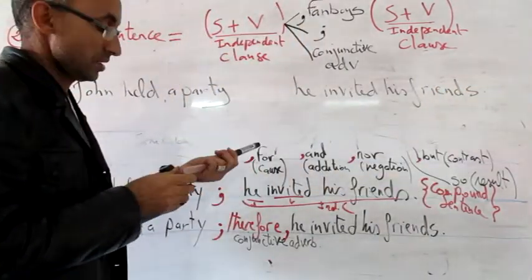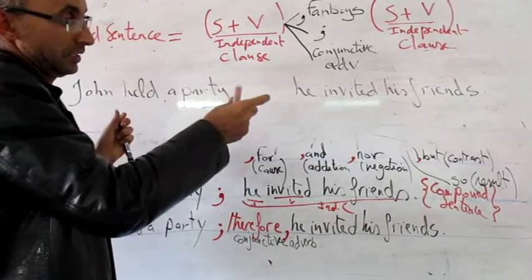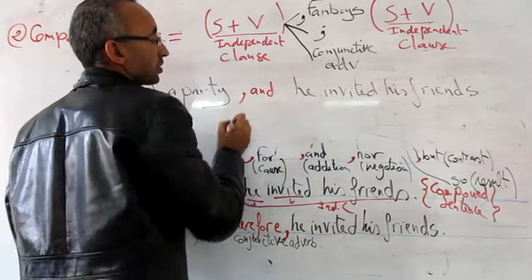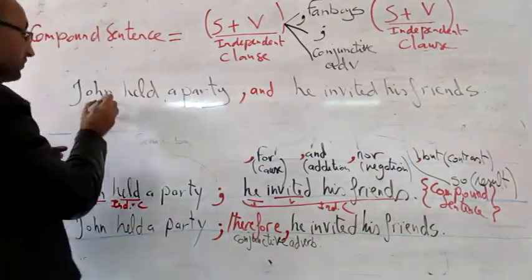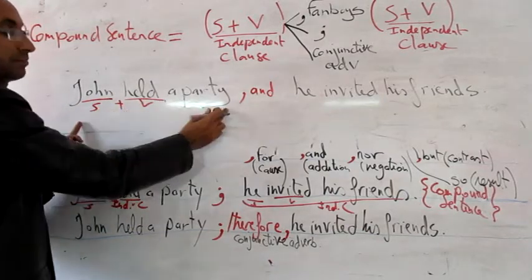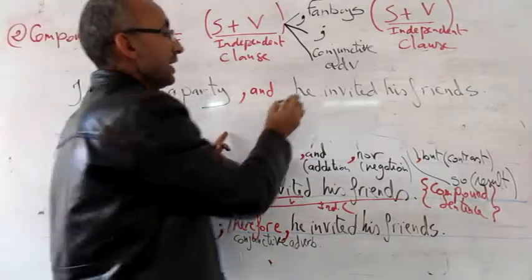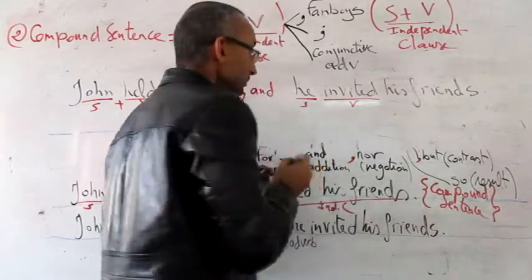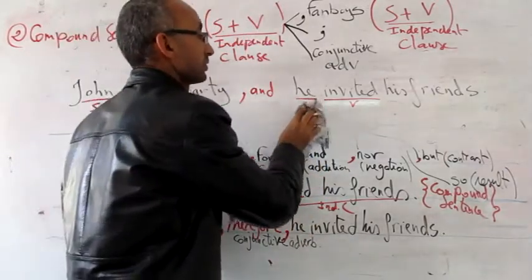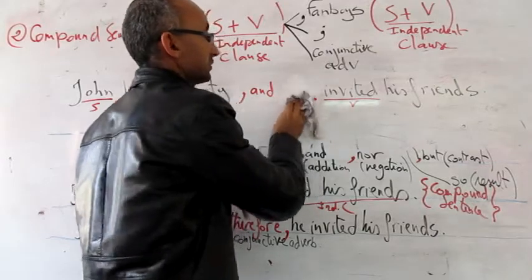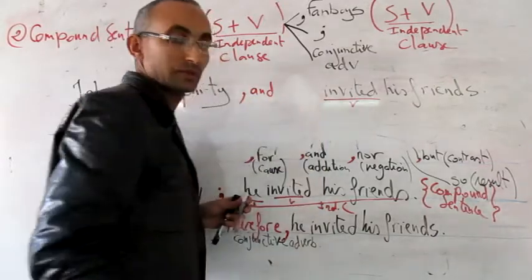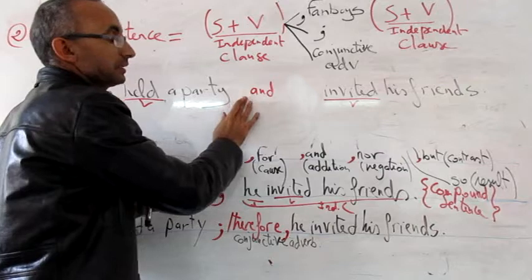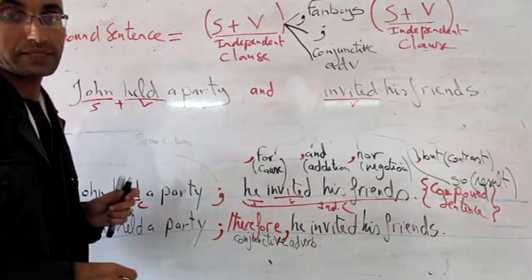So we said the first way to join the two clauses to form our compound sentence is by using one of the FANBOYS preceded by a comma. Now here we have S plus V. Meaningful, it's independent, it's a clause. Now, if I remove this subject here, what type is the sentence? And I write, John had a party and invited his friends.